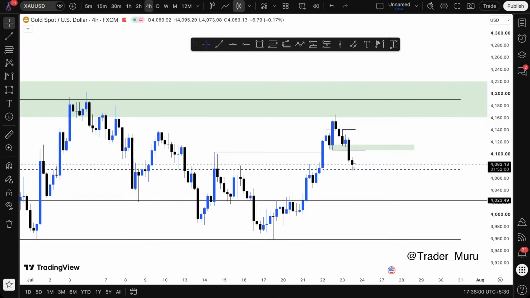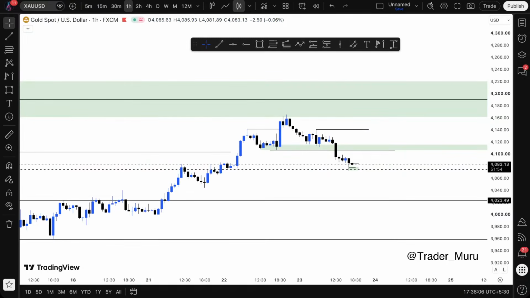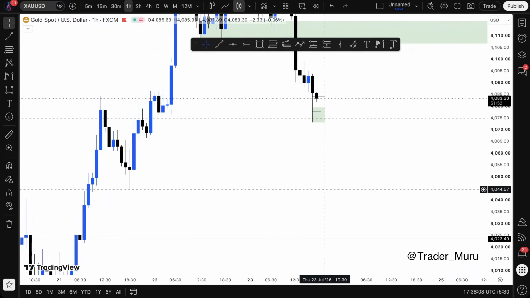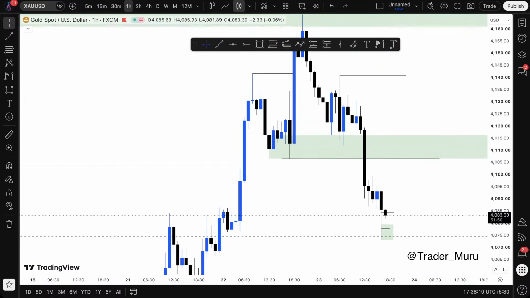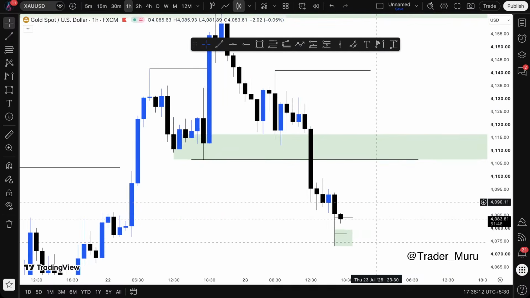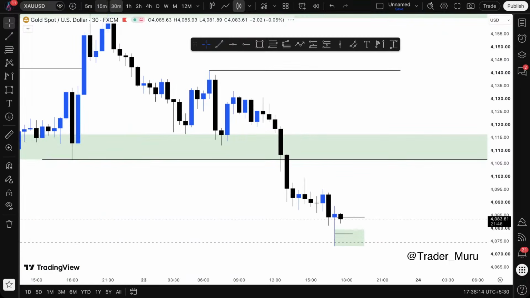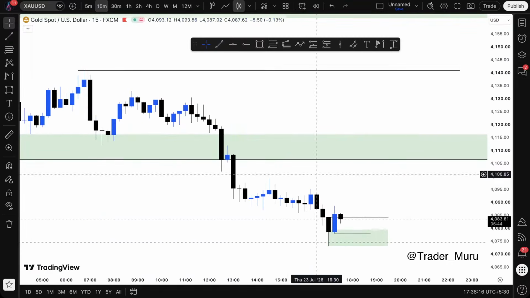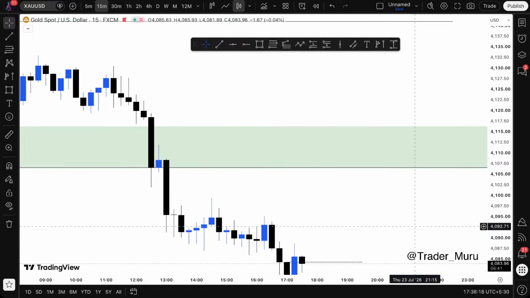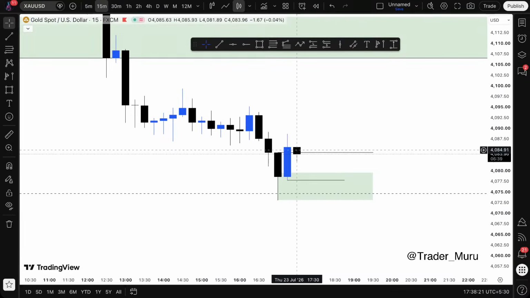News is coming in just 20 minutes. This 15-minute candle should not close below this low.